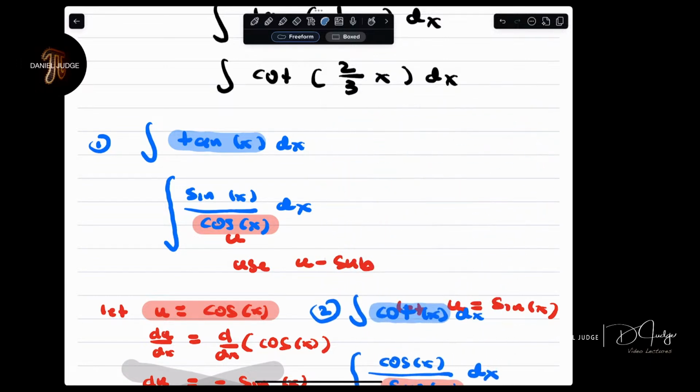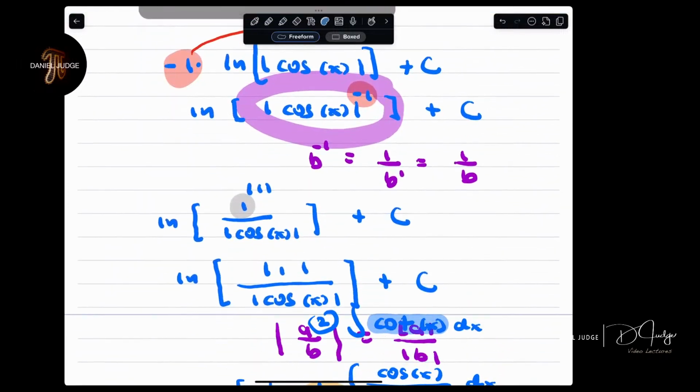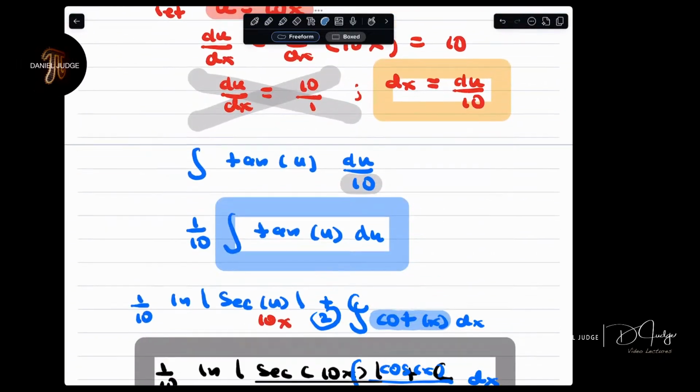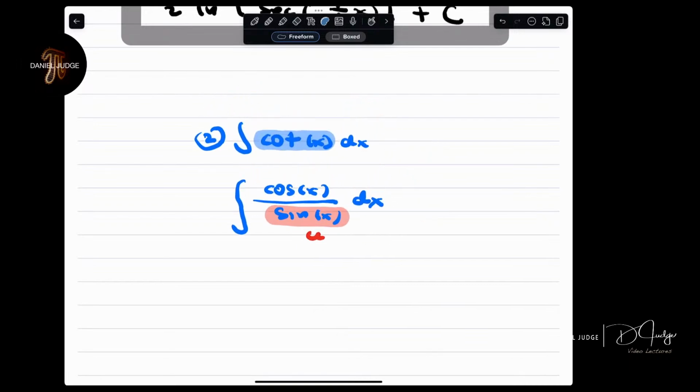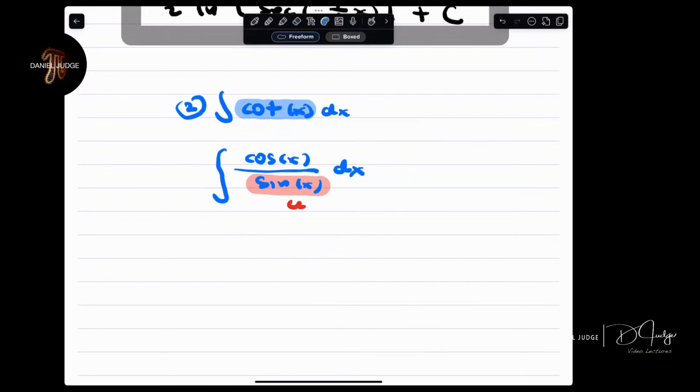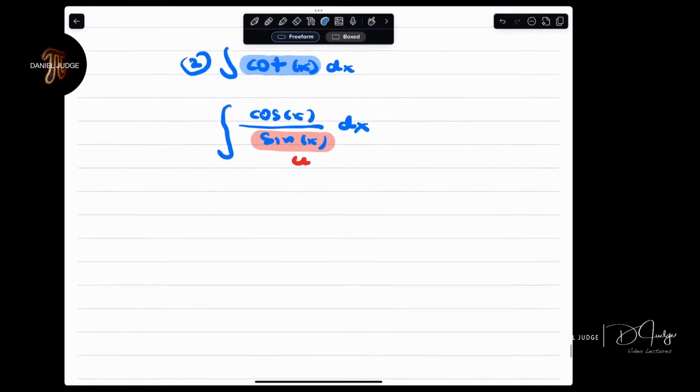So let's actually bring it down. Okay, so here's the very famous integral of cotangent now. Okay, let's create that formula. Let's determine it. Determine the formula. Okay.